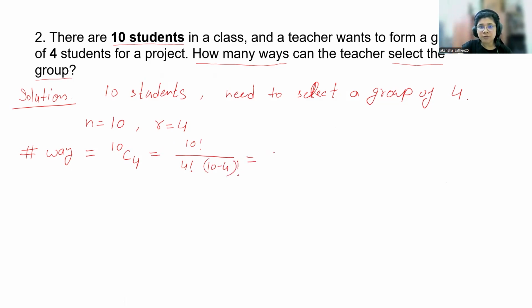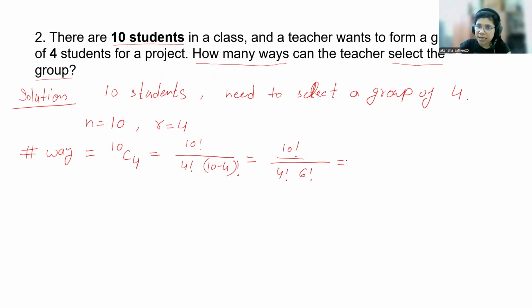So that will give you 10 factorial upon 4 factorial into 6 factorial, right? Here you can see that 6 is bigger than 4. So you have to split your 10 factorial into a certain product of numbers into 6 factorial.